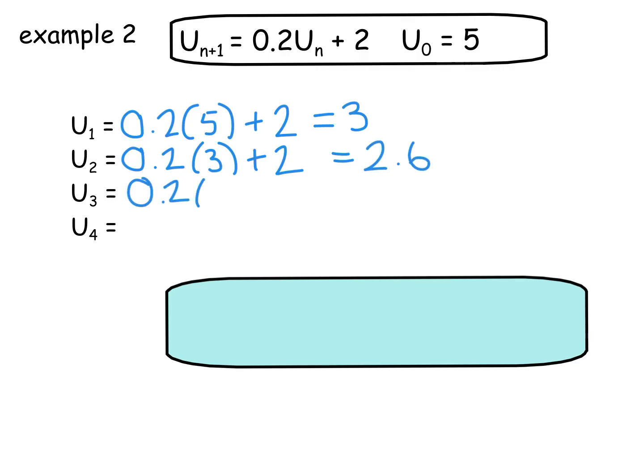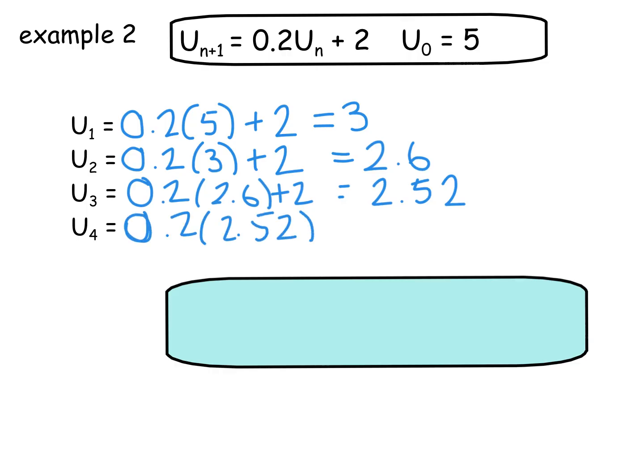If I do this one again, I'm using a calculator here for obvious reasons. The third term would be 2.52. And if I do it one more time, you can see where this is going. It gives me 2.504.